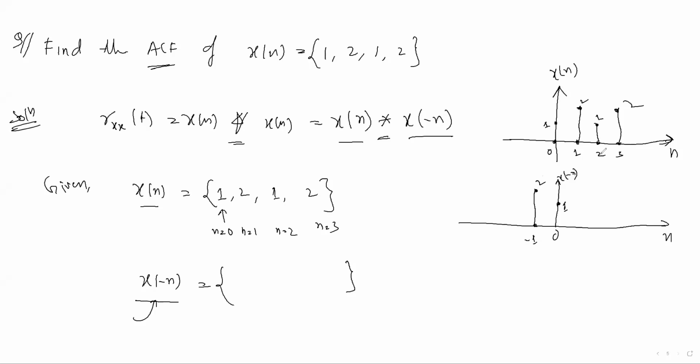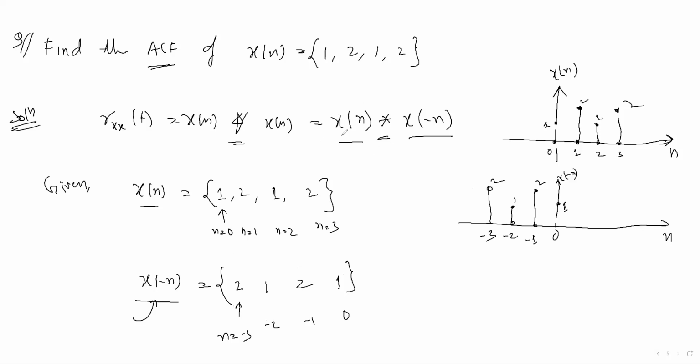At 2, it can be seen at -2, and likewise at -3. So this is a folded signal. You can write here: 2, 1, 2, 1, and the starting point is at n equal to -3. So -3, -2, -1, 0.